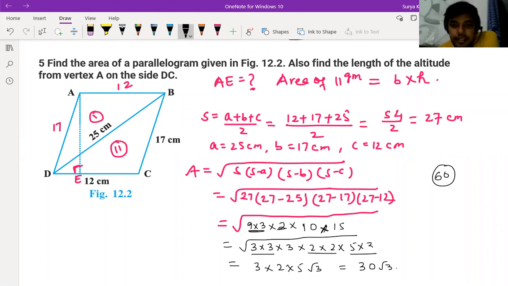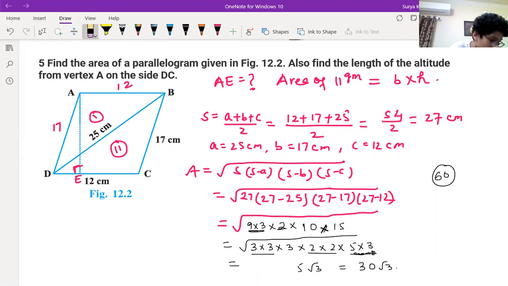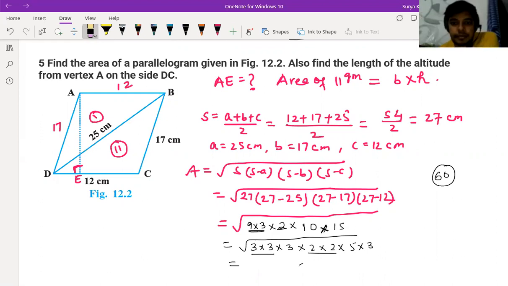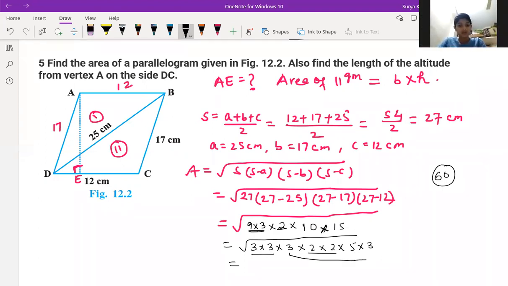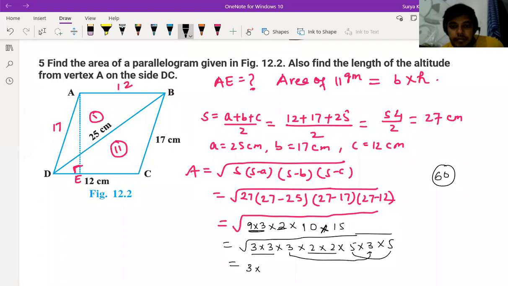So 10 is 2 into 5 and 15 is 3 into 5. Now we are getting it correctly: 3 into 3 into 2 into 5, correct?